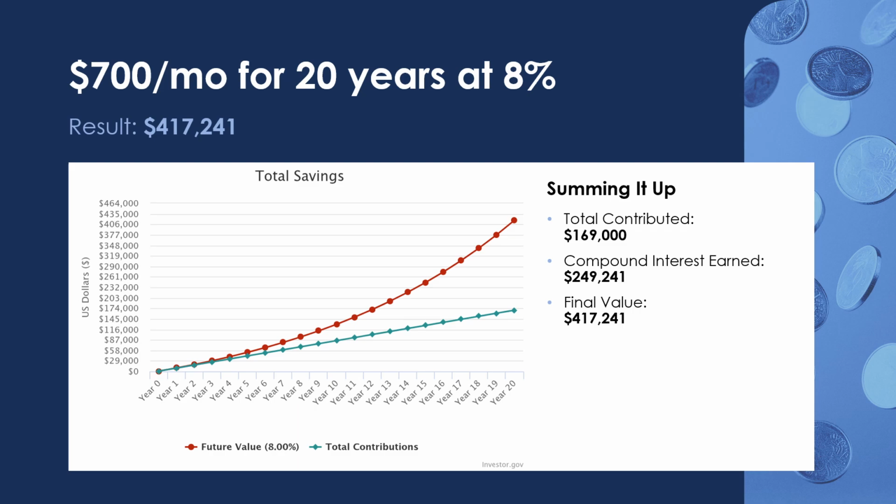Over the 20-year period, the total amount contributed is $169,000. The amount earned through compound interest is $249,241. This results in a final value of $417,241. Not quite the savings potential of a 20-year-old, but having more than $400,000 is certainly better than having nothing.